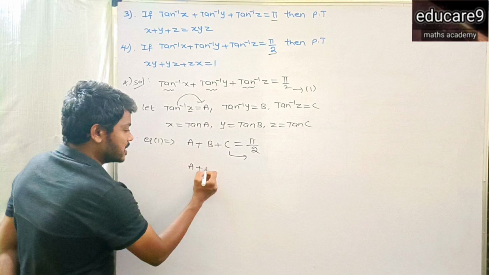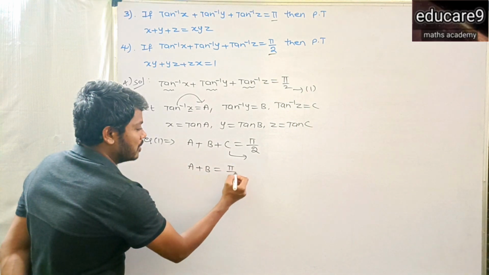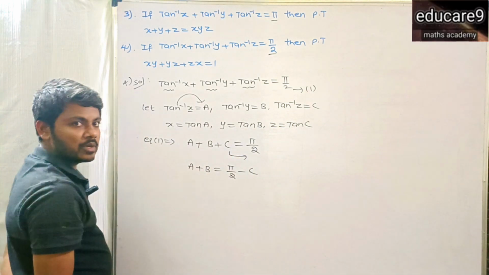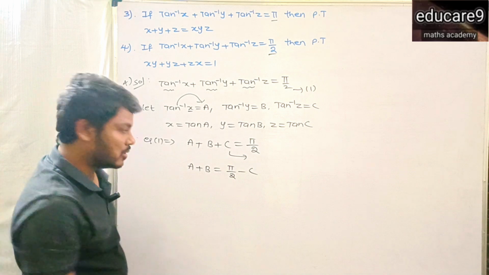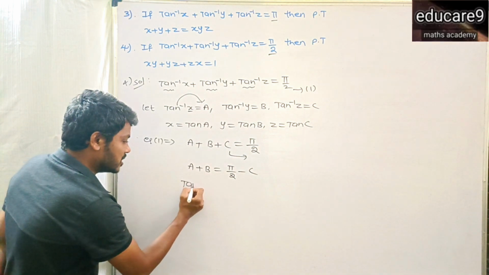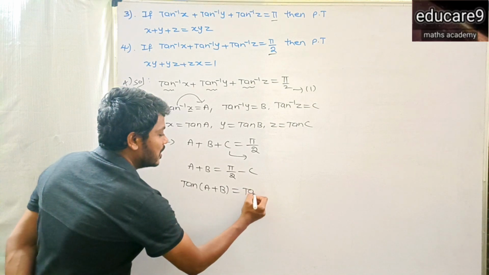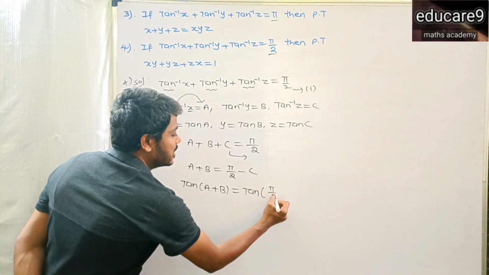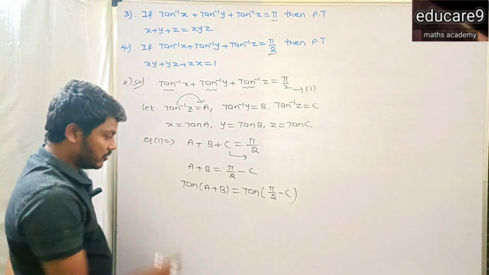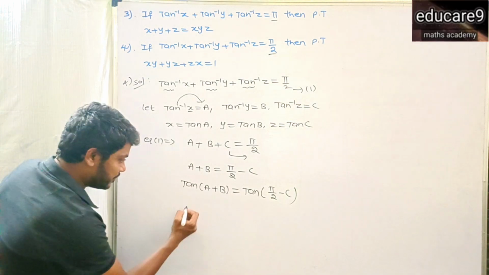So A + B equals π/2 − C. Here also apply tan on both sides, which is tan(A + B) equals tan(90° − C). We know the tan(A + B) formula.